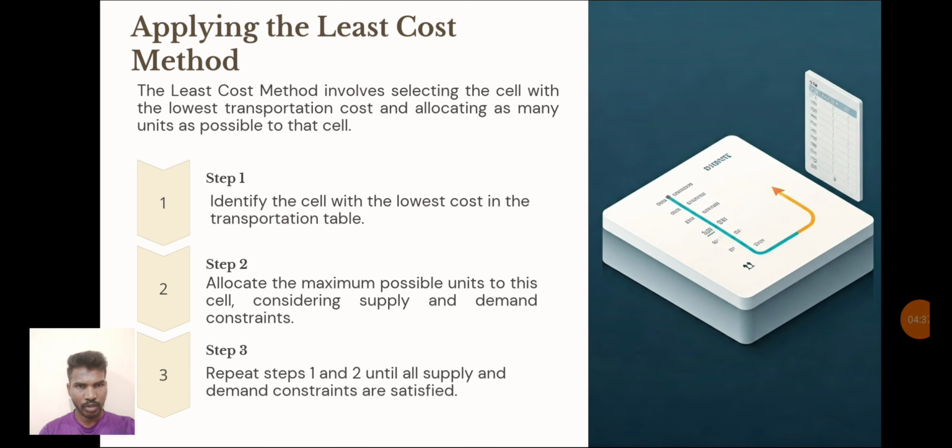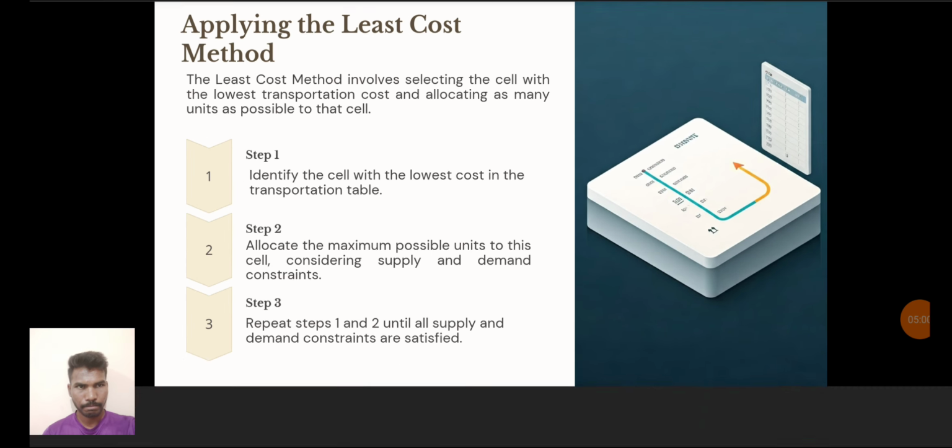Step 2: allocate the maximum possible units to this cell, considering supply and demand constraints. Step 3: repeat step 1 and step 2 until all supply and demand constraints are satisfied.